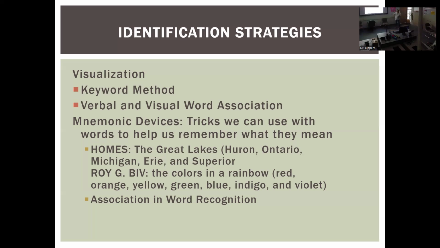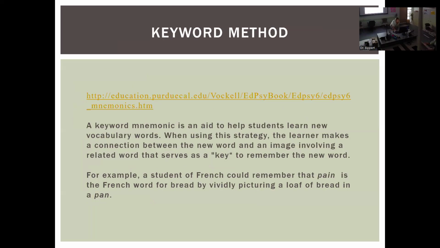Yeah, so FACE, those are the letters or the notes on a scale. So yeah, here's HOMES, which is for the Great Lakes, Roy G. Biv, the colors of a rainbow, and so on. So in some ways, these are really great ways for kids to learn the vocabulary and learn concepts, but it doesn't work for everybody.